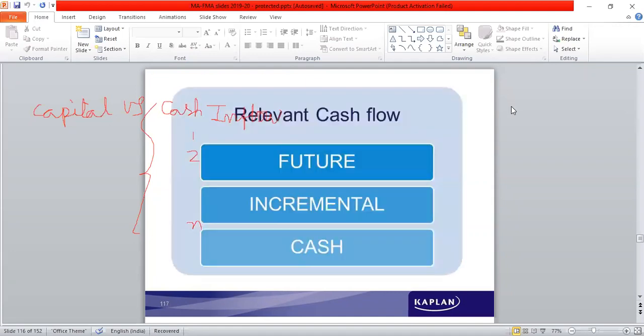So you must have heard from your parents or grandparents, elders in the family, that in their day, or during the olden days, or when they were young, they would have mentioned that in our days with 100 rupees we were able to do so many things.